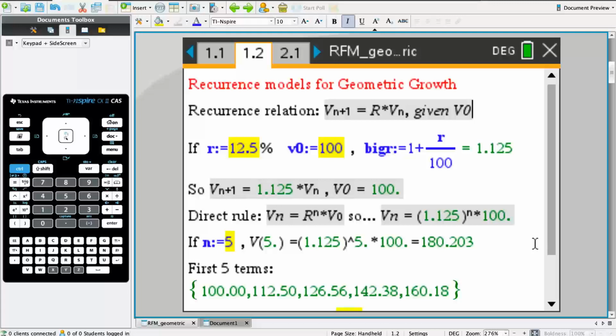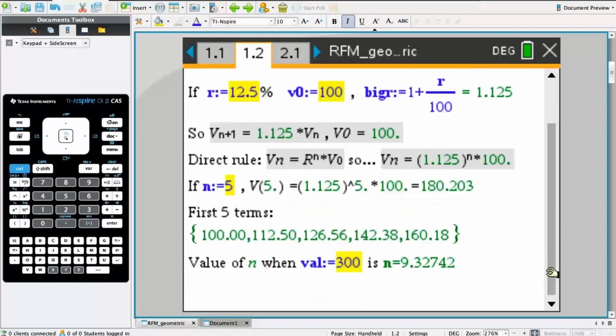And then if you scroll down a little bit further, you'll see it also will list the first few terms, just so you can see how the progression is occurring. And finally, it also has a solver in it. Now, there's no time really now to go over the construction of this notes page, but in a later webinar, we hope to go through that process.